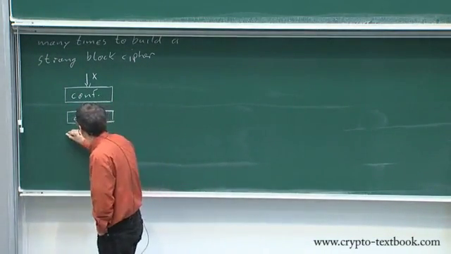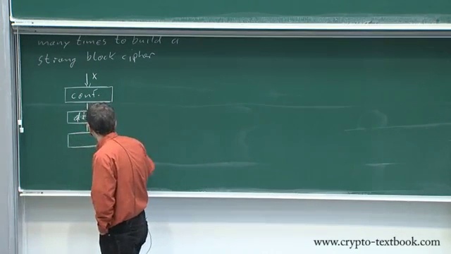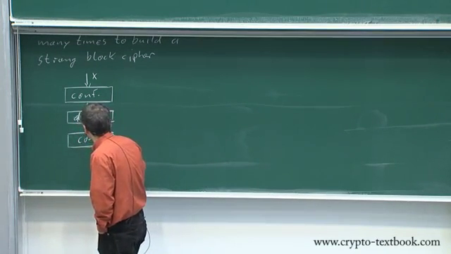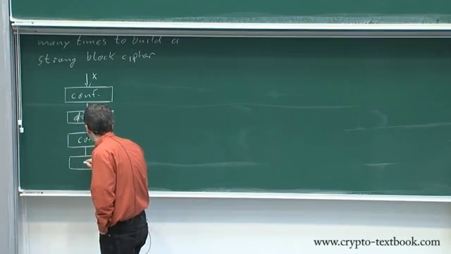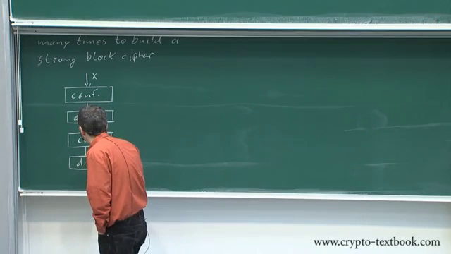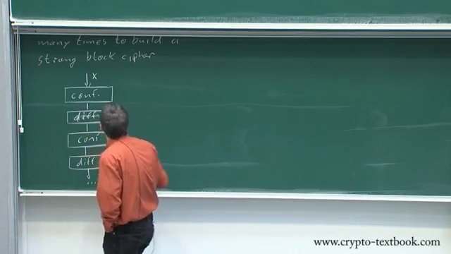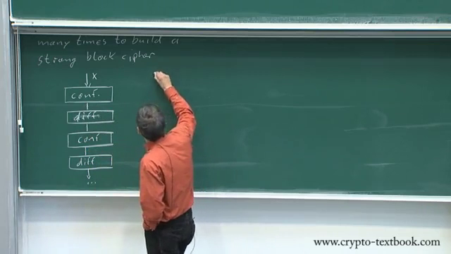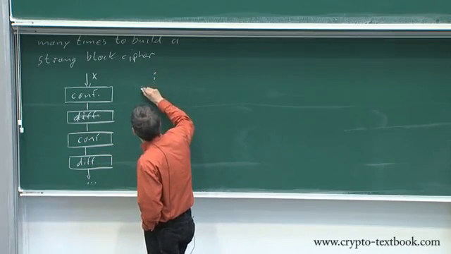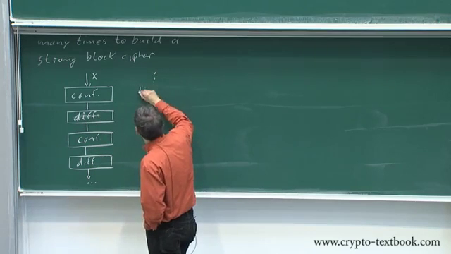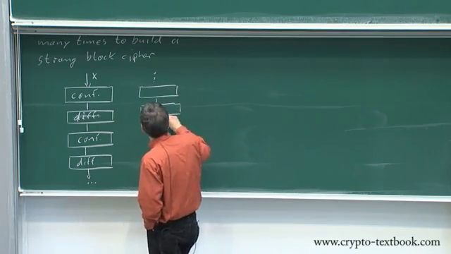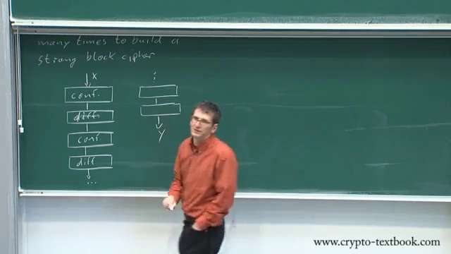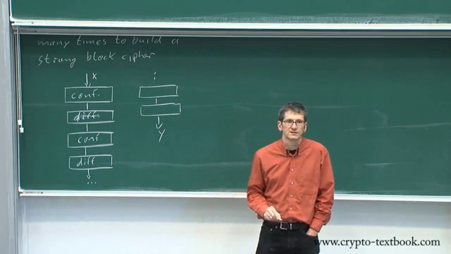So you do again your confusion step. You do again your diffusion step. And at the end, again, you have two of these elements. At the end, you get Y out. You get a ciphertext. Okay?